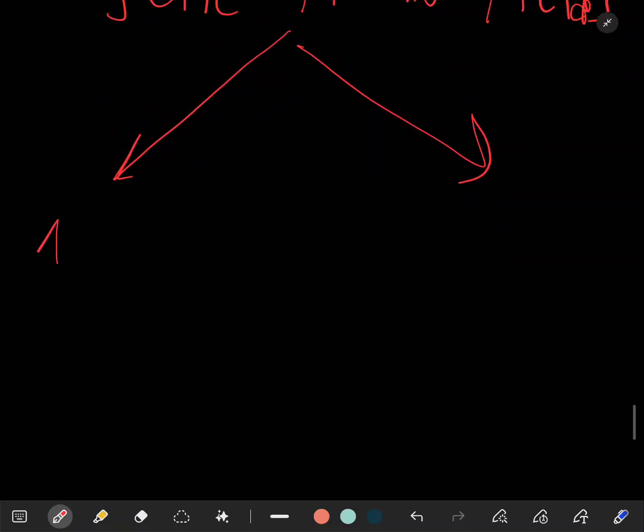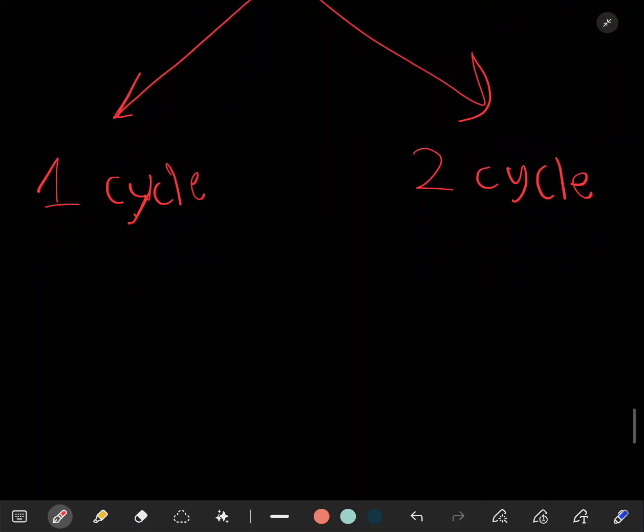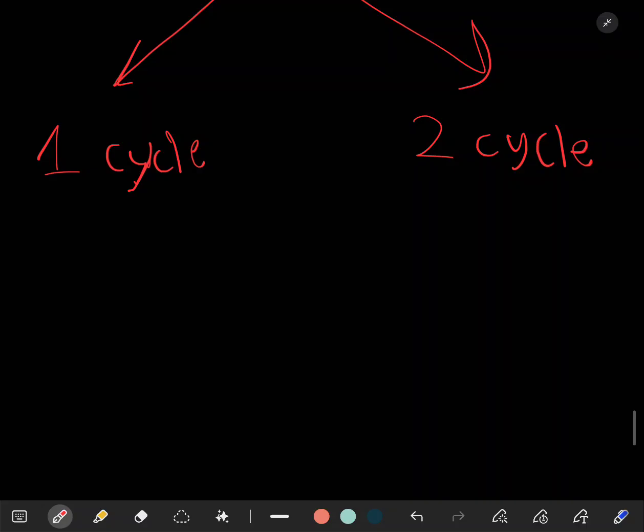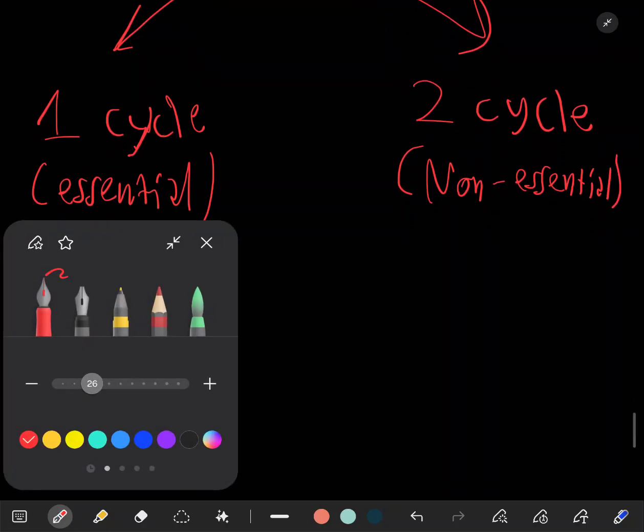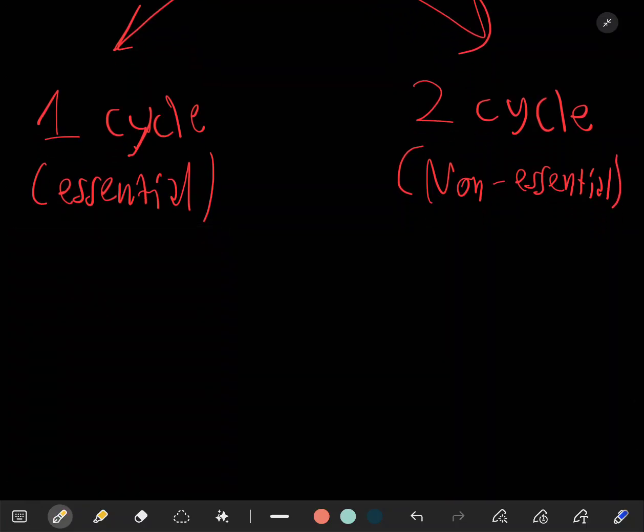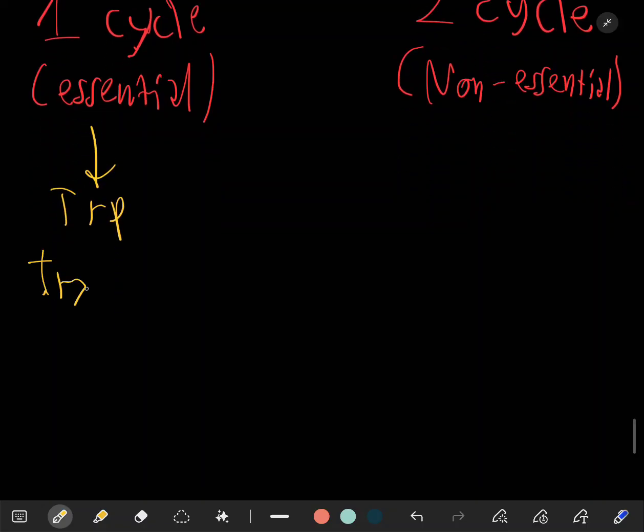So over here we can divide these into 2 parts. One is where 1 cycle is present and the other is where 2 cycles are present. The 1 cycle ones are essential, the non-essential ones, and the 2 cycle ones are essential. So these are essential and these are non-essential. So the 1 cycle one is our tryptophan, TRP, tryptophan. So what's the structure of tryptophan?